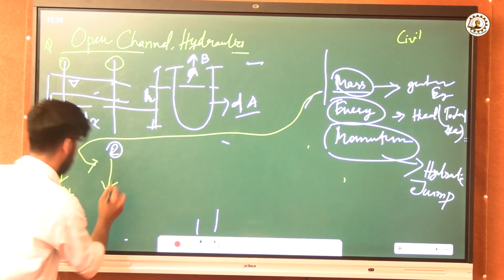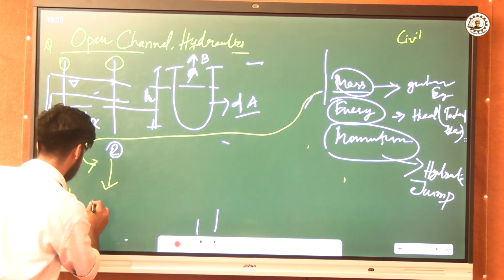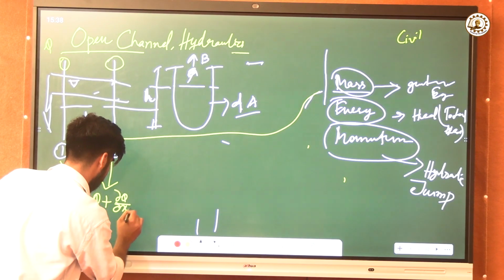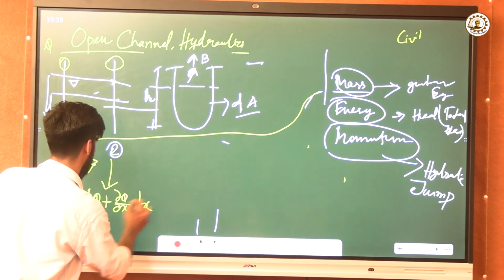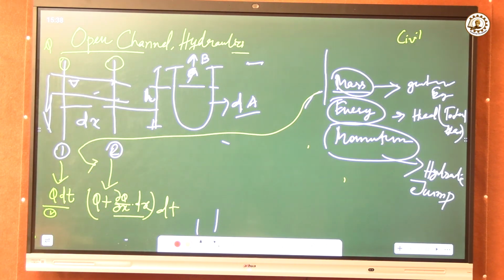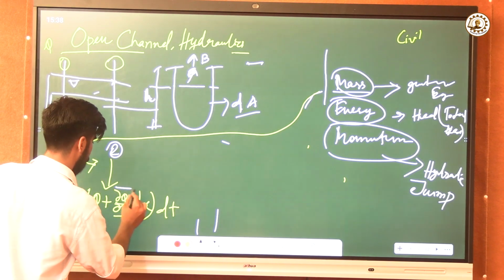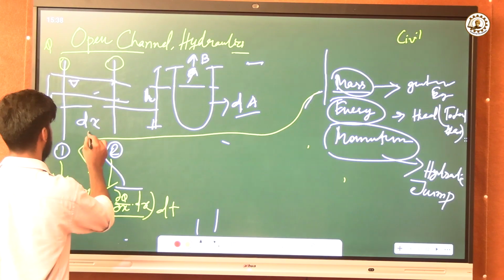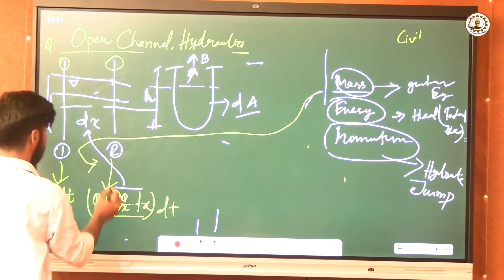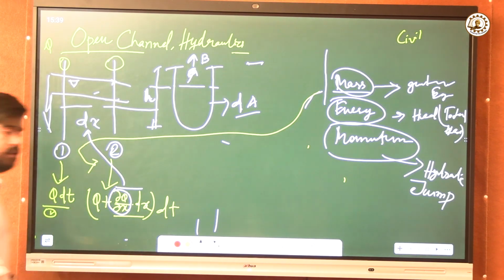From section 2, the same thing is Q plus del Q del x into dx, into dt. If you ask me about this term, imagine the discharge is changing with respect to distance, then the partial differentiation of the discharge with respect to x becomes del Q del x, isn't it?